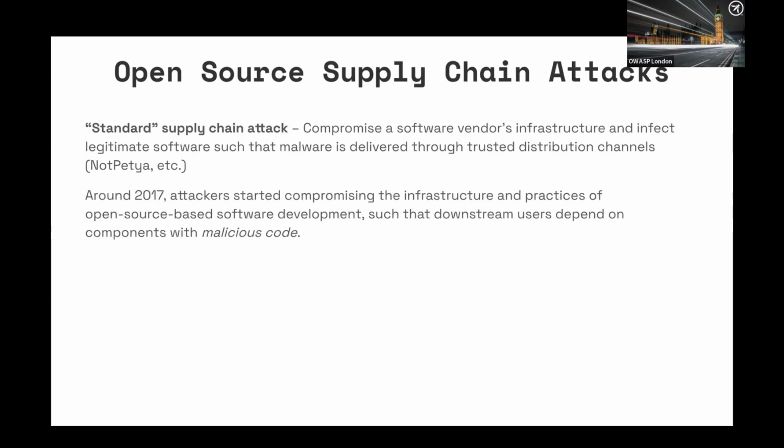Supply chain attacks themselves are nothing new, right? That term existed already before, but originally it meant to compromise the download servers or the vendor's infrastructure, where people would download a new version of some commercial solution. A prominent example is NotPetya. That was a supply chain attack in 2017, if I'm not mistaken. This was on a Ukrainian bookkeeping software.